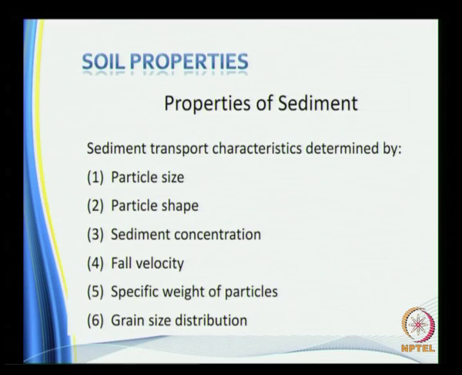Apart from a few other characteristics, if you want detailed information on this, you can go to my lecture on sediment characteristics, wherein we have discussed most of the aspects and some additional factors also, or you can refer to a number of reference books given at the end of the lecture.